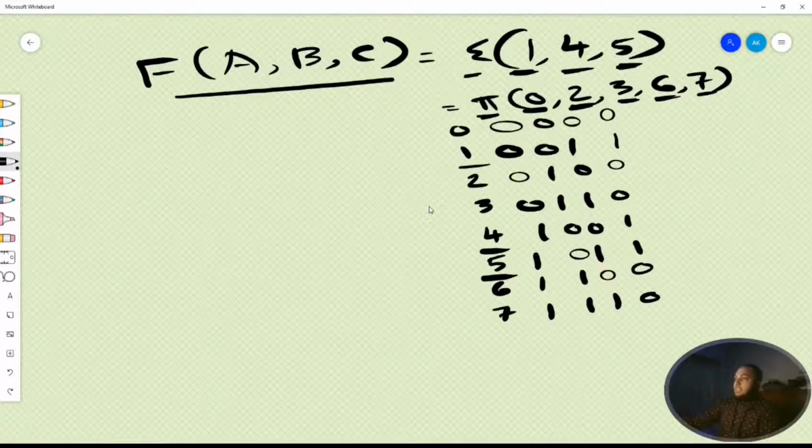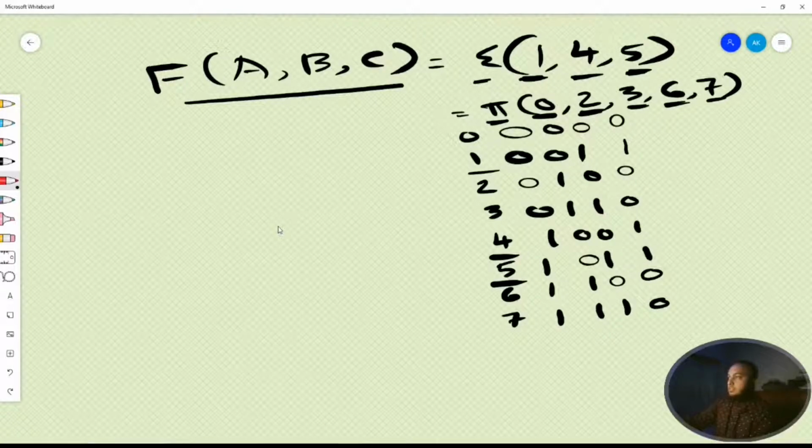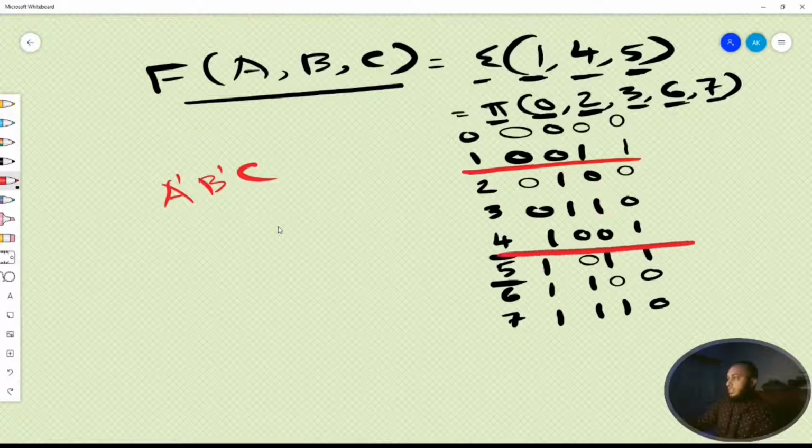Now why do we need K-map? Let's come to this point. Let's write the canonical SOP form for this function. We can write a prime b prime c for this one. Then for this one we can write plus a b prime c prime.